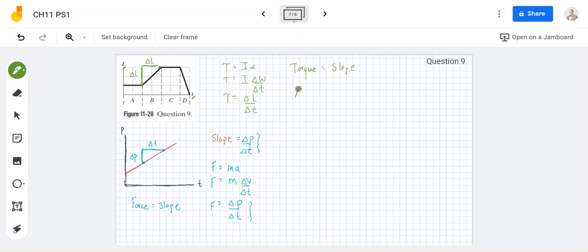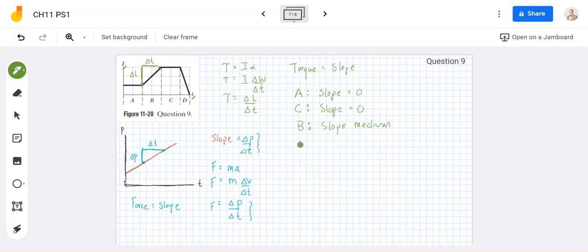Look at A. In section A, slope equals 0 because it's flat. In section C, slope also equals 0 because it's flat. In B, slope I would say is medium.